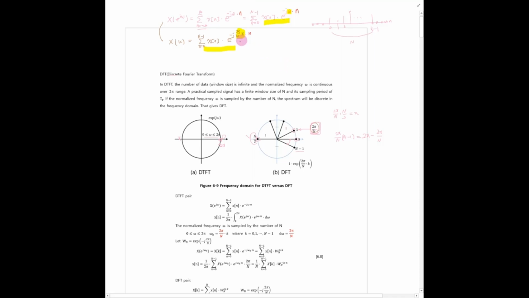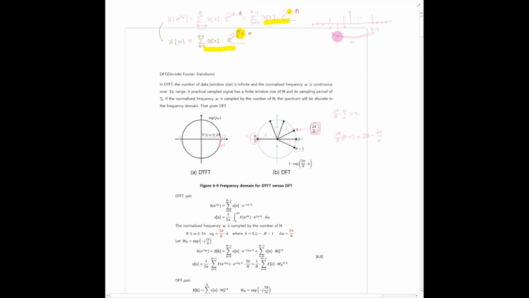So when we build the basis function in the DFT case, we assume the number of samples is infinite, but only N of them are non-zero. That is the DFT.